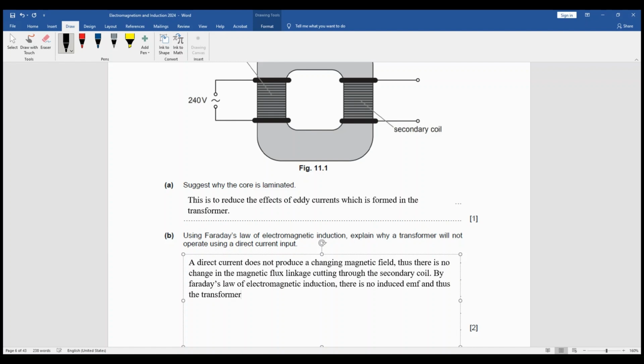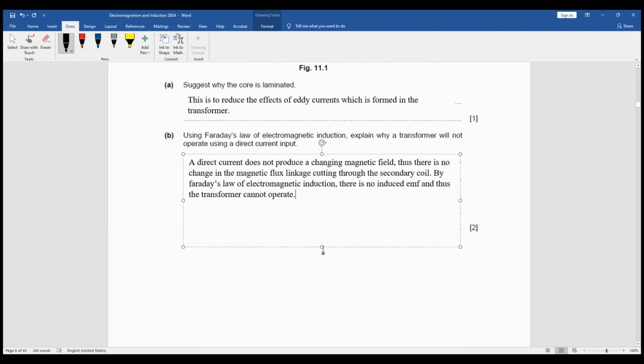They say operate, then we use the word operate. The transformer will not operate. Okay, that's it, 2 mark question.